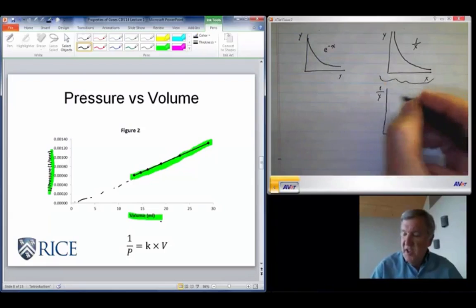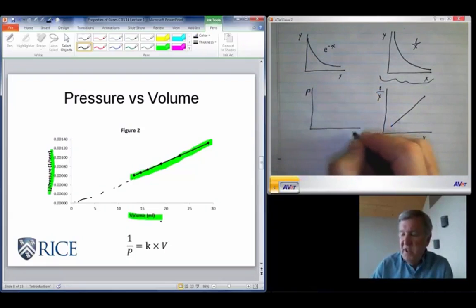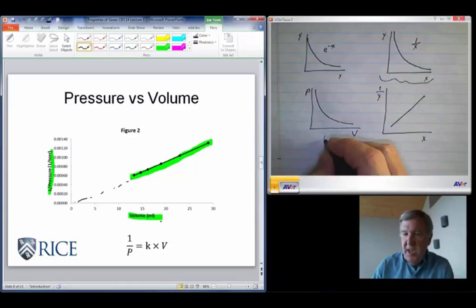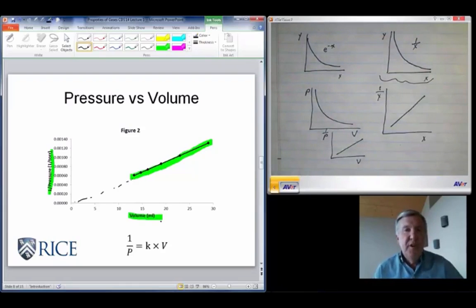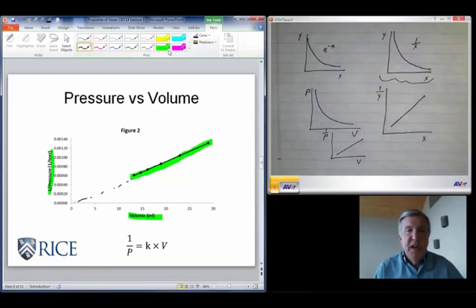What we can say then is that if P versus V looks like this, then 1 over P versus V is a straight line, as we've observed here. That means that 1 over P versus V is a proportionality, and we've written that function down below here. 1 over P is proportional to the volume.